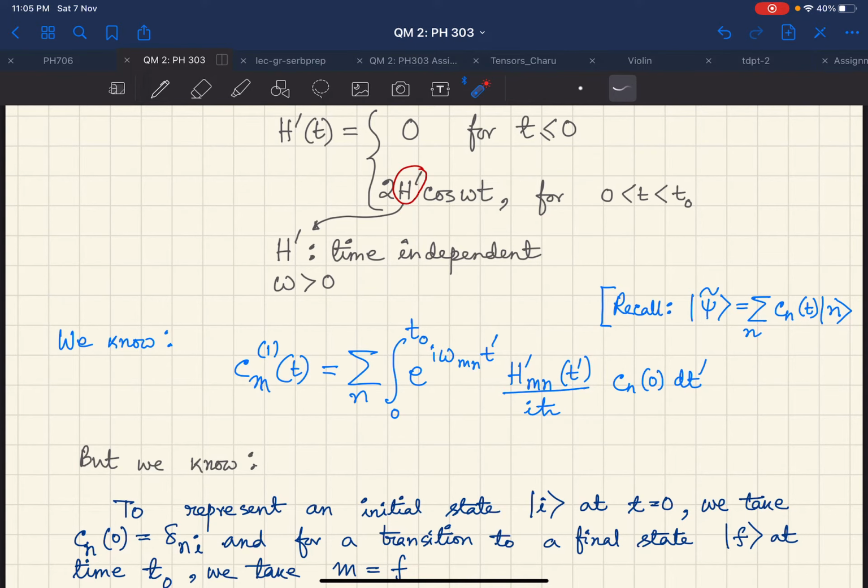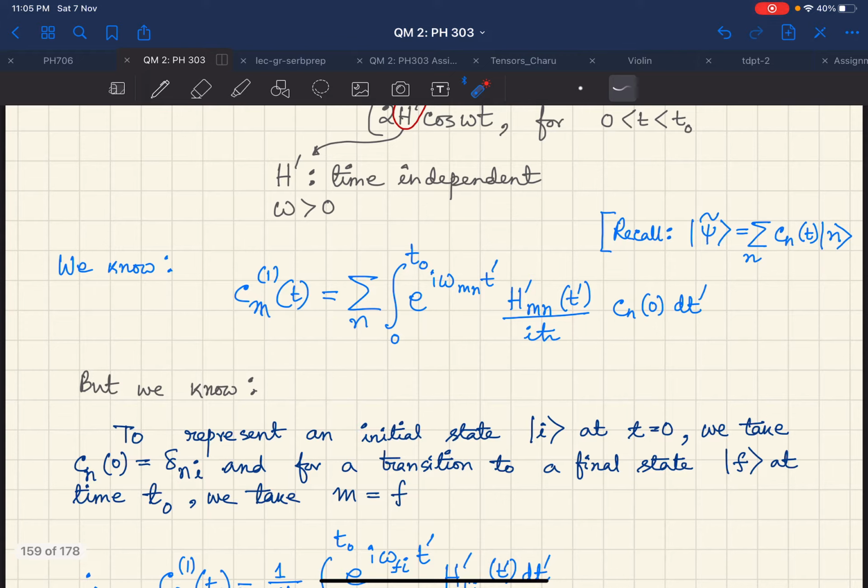But we also know, from the same argument we had used in the case of constant perturbation in the previous day's class, that suppose here my n is the initial state. So at time t equal to 0, I start with a system which is in the initial state which I denote by ket i, and therefore we will always take C_n(0), which is lying on the right hand side of this equation, to be equal to delta n i, which tells me that at t equal to 0 there cannot be any other state, it's just n equal to i.